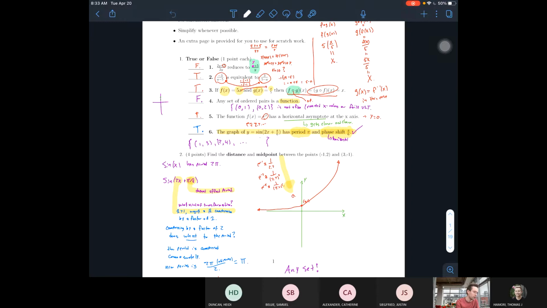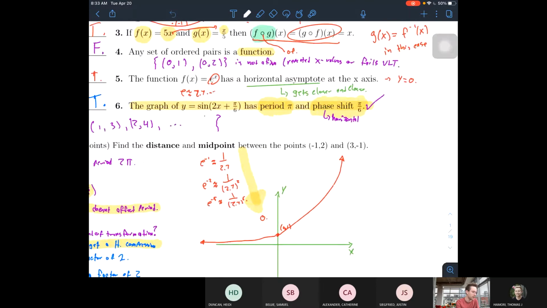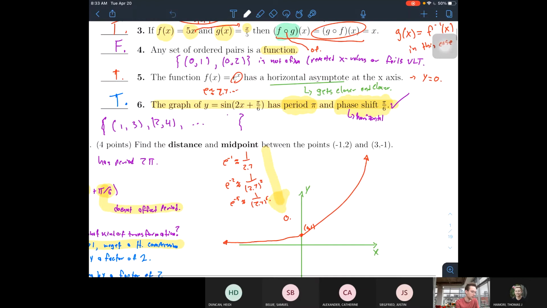So we reviewed what it means for the graph of a function to have a horizontal asymptote. And we had a basic question on a transformation of a sine function. That was about understanding how these transformations affect the period, which if we shrink the graph, so too shrinks the period, right?